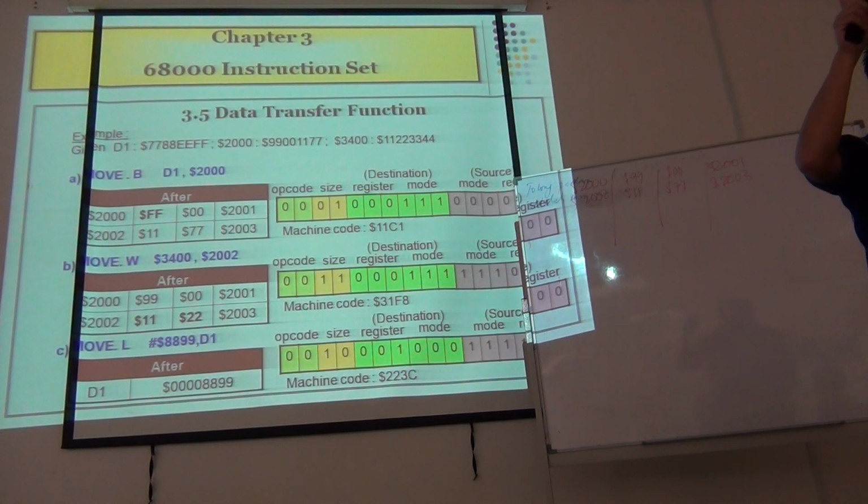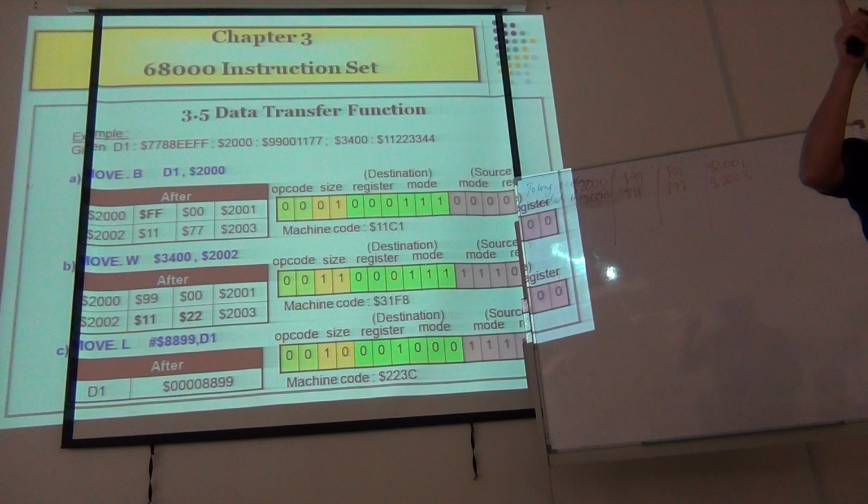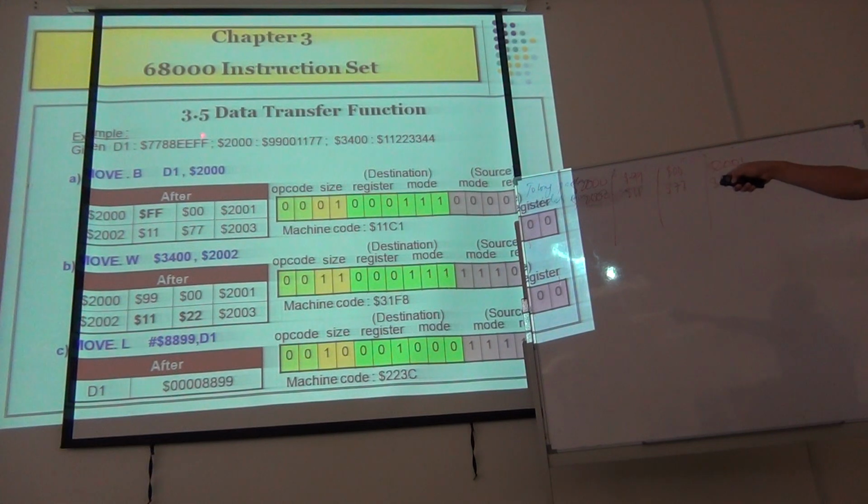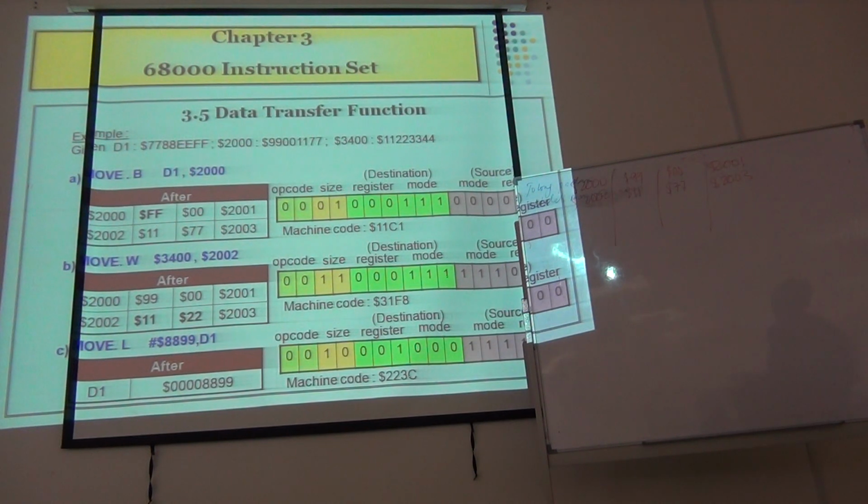One memory location can only store 8 bits. So now this memory has 99, 00, 11, 77. For move.byte D1, the byte from D1, you have to take the last two digits of D1, which is FF. That byte is moved to 2000 only, to that particular location.